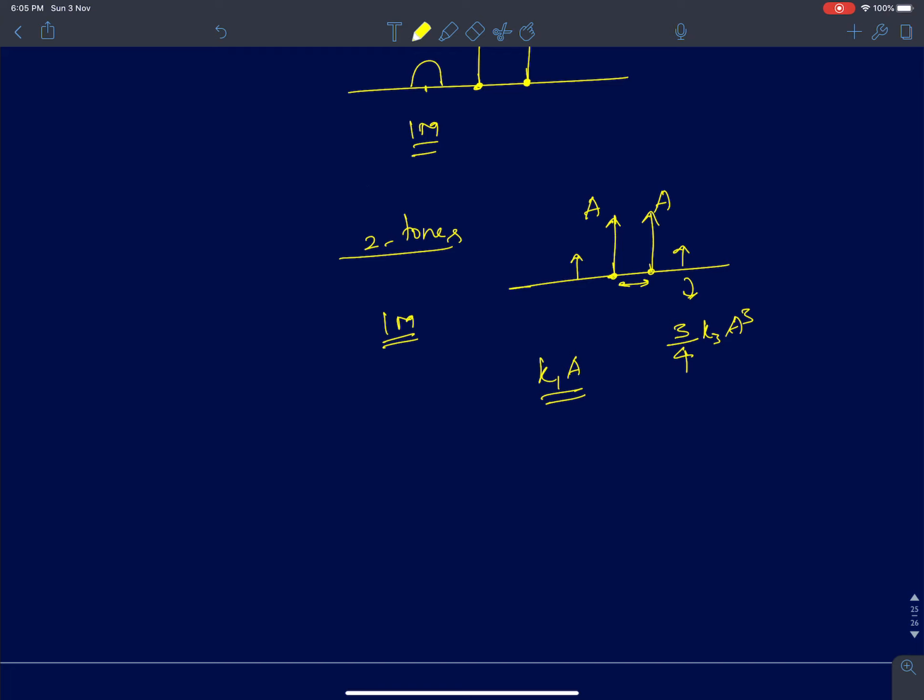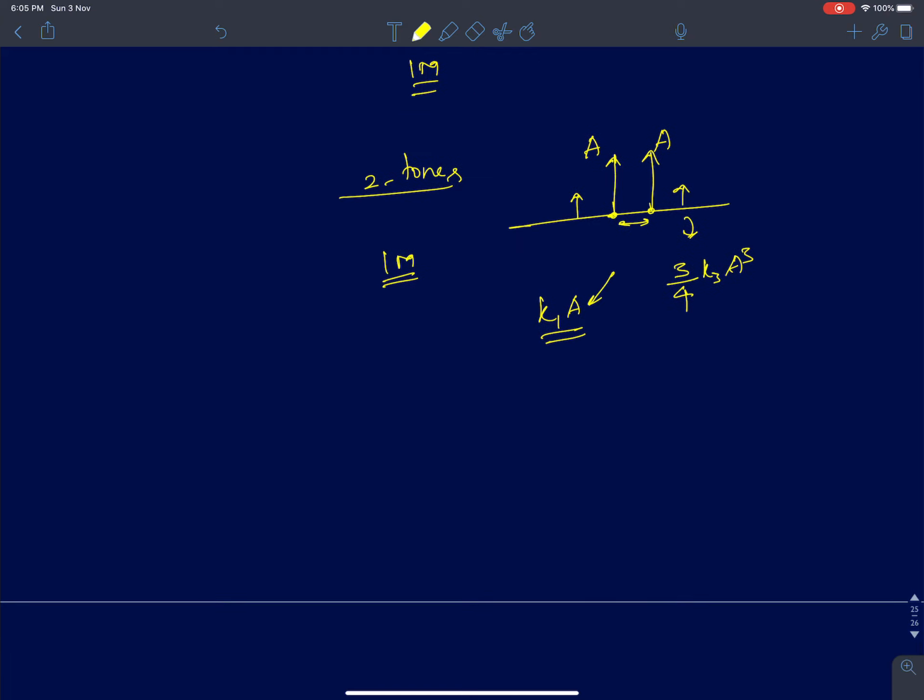Which means as I increase my amplitude, there will be one point where your signal is overtaken, because the intermodulation terms increase proportional to A cube. k3 is constant, and this is also a constant term.